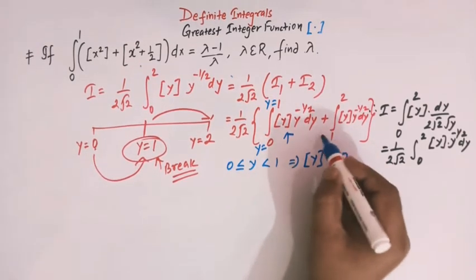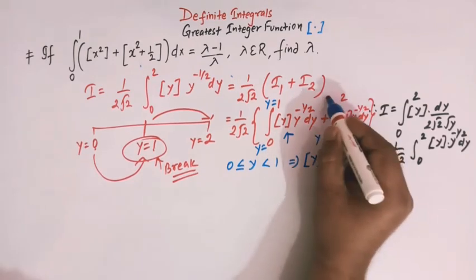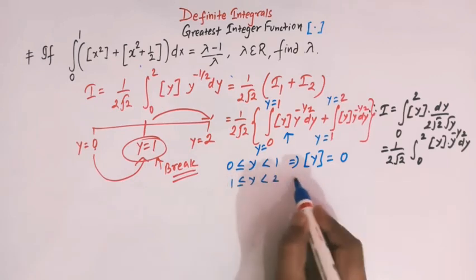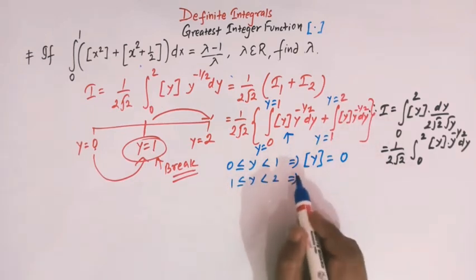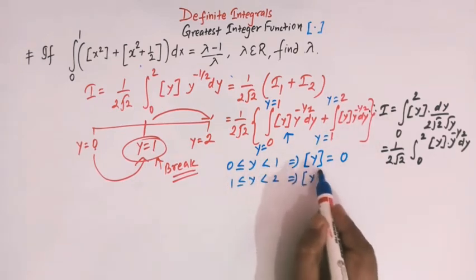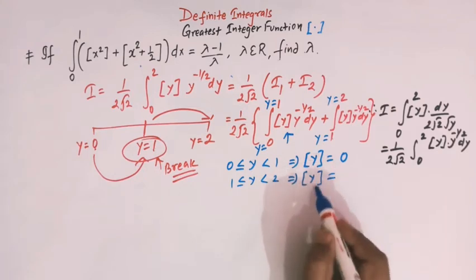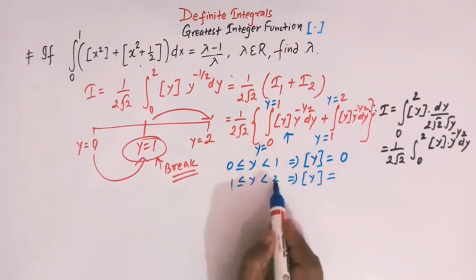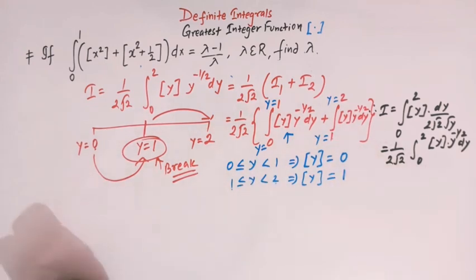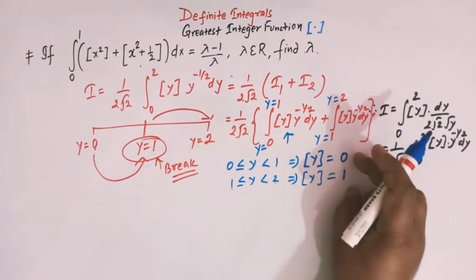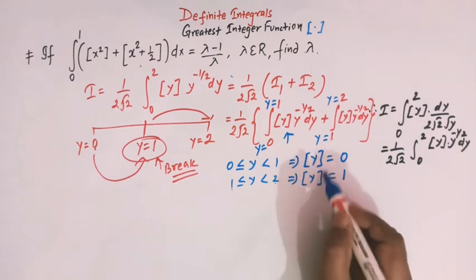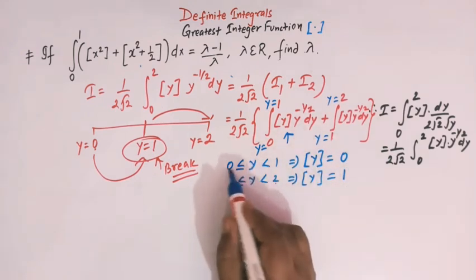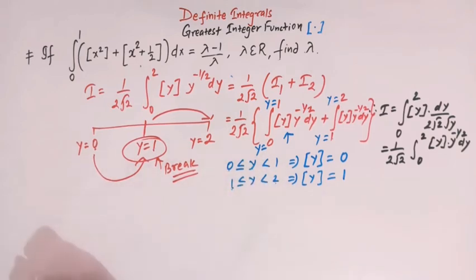And when y varies from 1 to 2, again by the definition of the greatest integer function, the value of the greatest integer of y is equal to 1, right? We can also verify these values by taking some particular values of y between these two numbers, right?